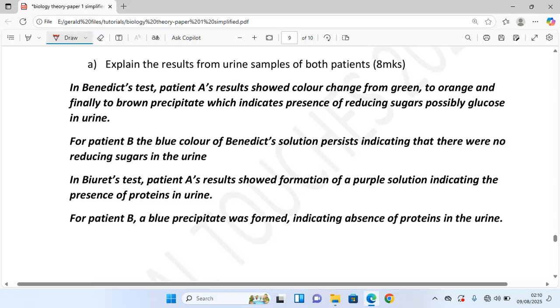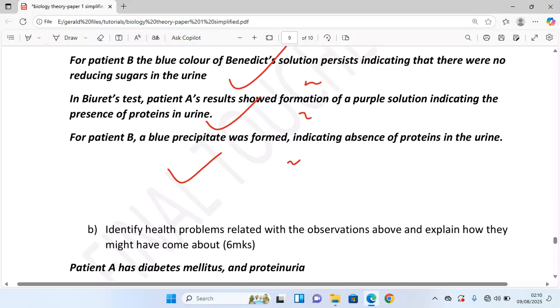So this is what I expected to be presented. So those are the scores I expected to be given on that concept of interpretation of the urine samples.